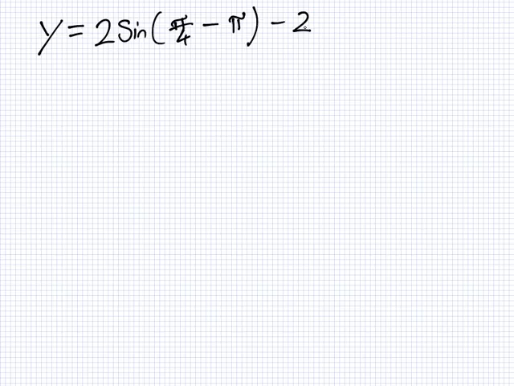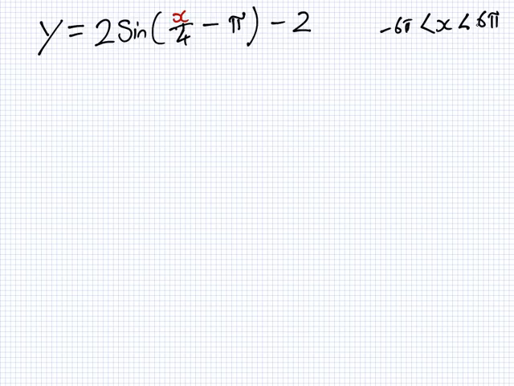You said pi over 4, but it's x over 4. And the range is minus 6 pi to 6 pi, probably. That doesn't really matter so much.